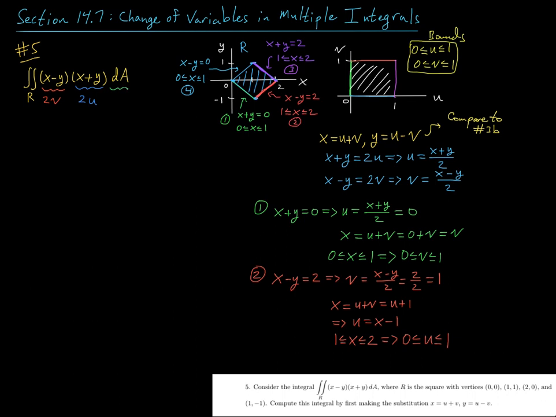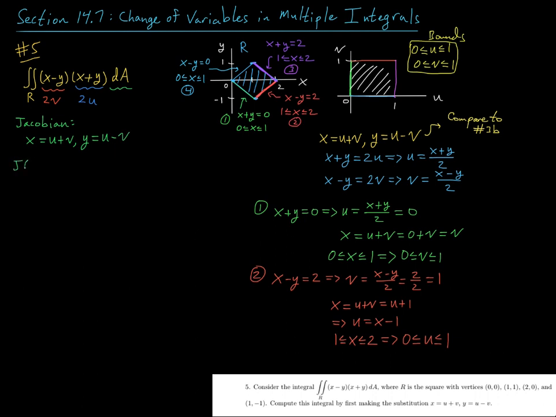All right, not bad. What remains? The dA, the differential area element here, right? This thing, we need to first find the Jacobian of the transformation. All right, and so our transformation here, x is u plus v, and y is u minus v.